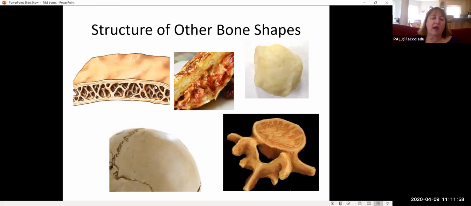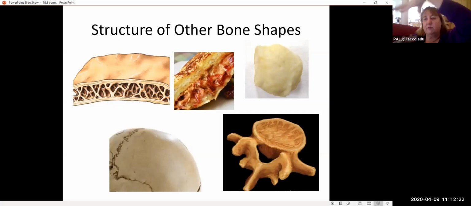Okay. So the bread represents the compact bone, which is on the surface of all bones. So all bones, the outer portion is going to be compact bone. Between the 2 layers of compact bone, we are going to have spongy bone, and that's represented by the peanut butter. You know, peanut butter sticks to stuff.